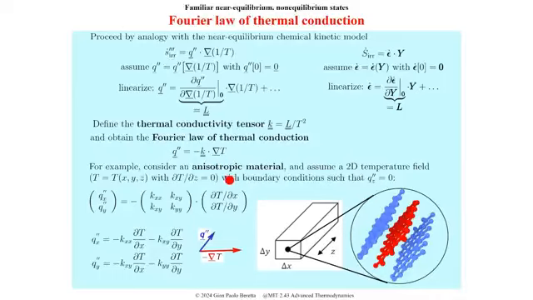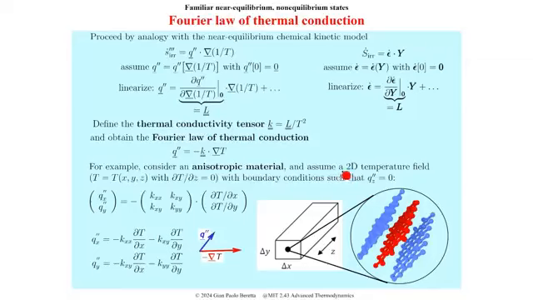But for an anisotropic material, you may have the gradient in one direction and the heat flux in another direction. For example, suppose you have a two-dimensional problem with a two-dimensional anisotropic material.